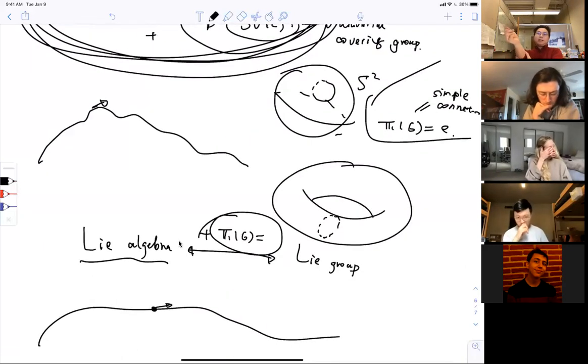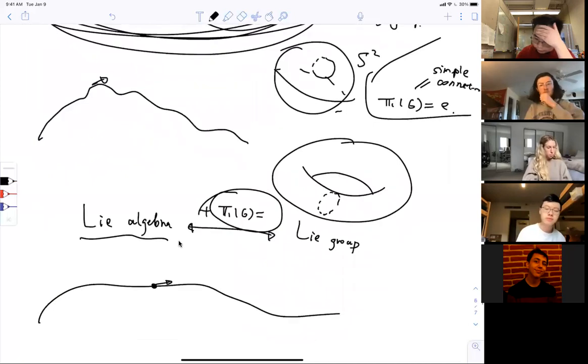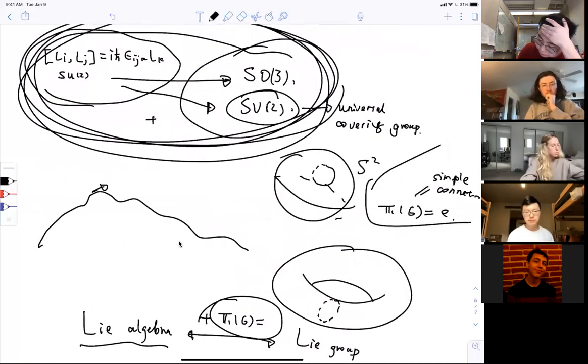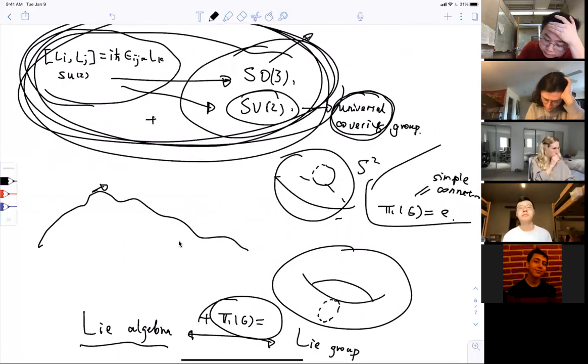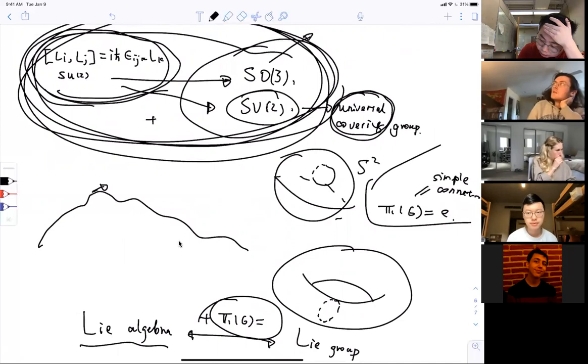Okay, so that is a good question. Basically, this is why we call it universal SU2, a universal covering group. All other groups that share the same Lie algebra with SU2 can be obtained by doing some operations on SU2.